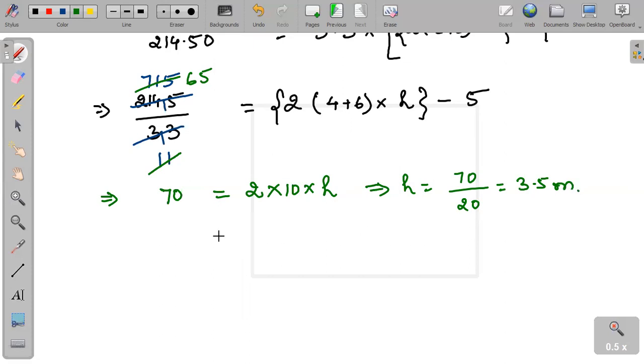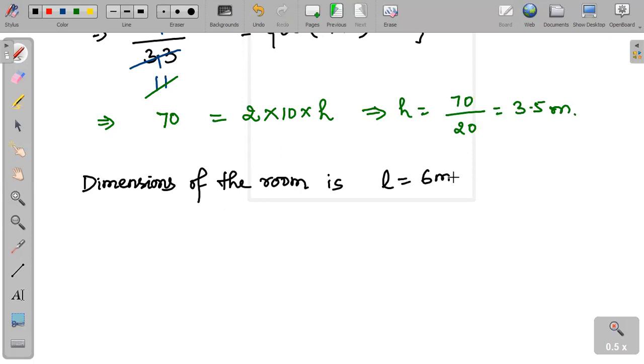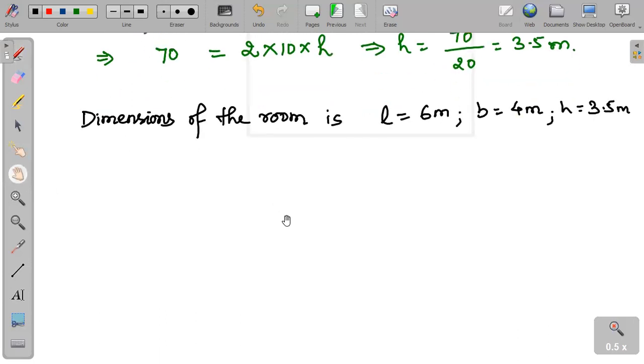So dimensions of the room is L is equal to 6 meter, B is equal to 4 meter, and H is equal to 3.5 meter. Okay.